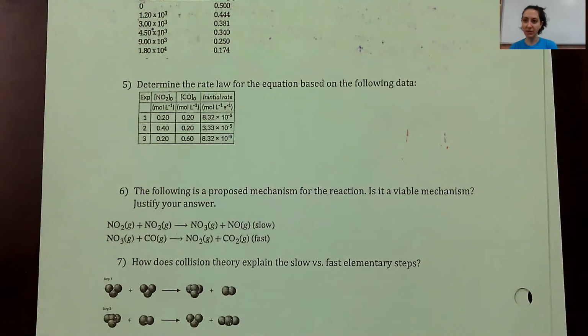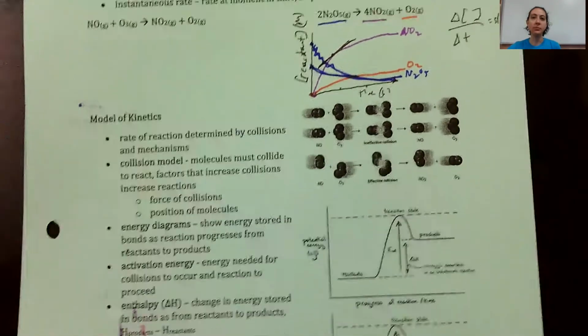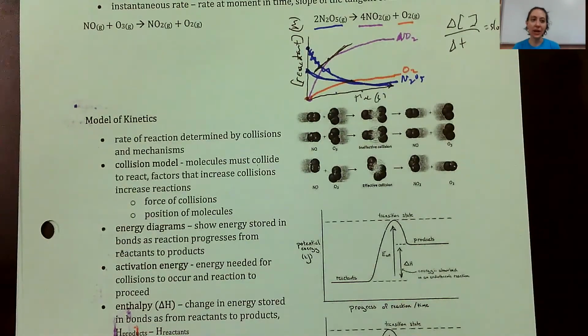Once you get the experimental data, that is the truth of the reaction. N2O5 is a first order reactant because we know this from experimental data. By studying that reaction, we can then try to figure out what's going on and come up with some sort of mechanism that supports that data.